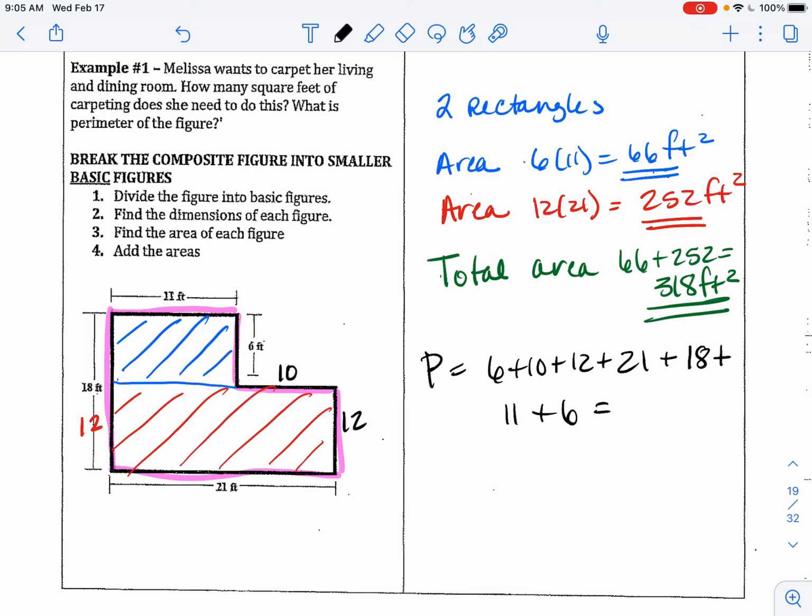How about 78? And I think, you know what? I think I counted that 6 twice. That's why my calculations were a little bit off. 78 feet. Don't double count anything like I just did.